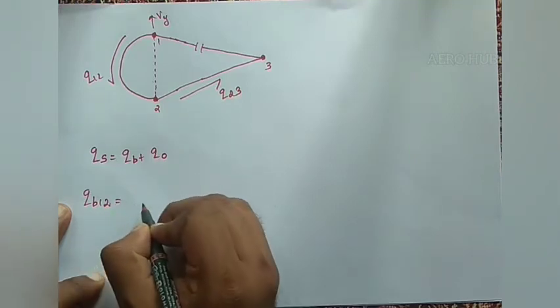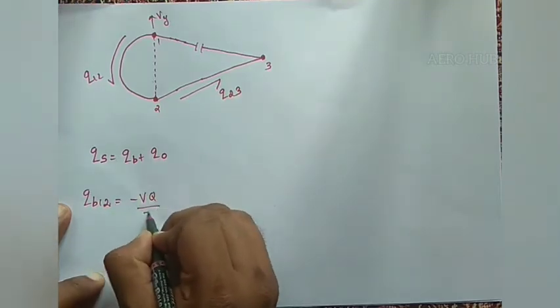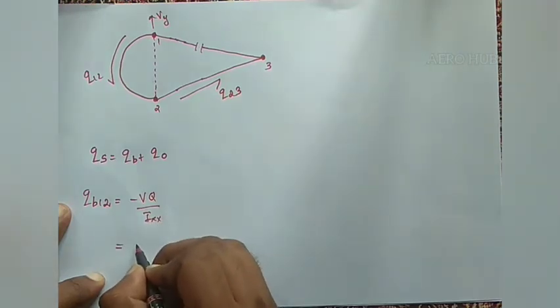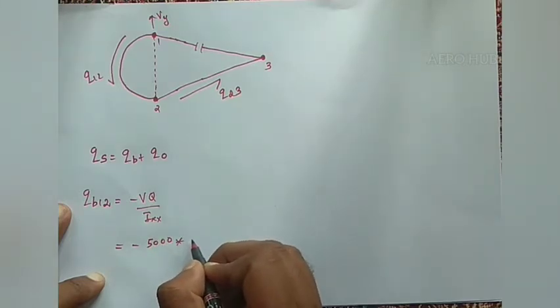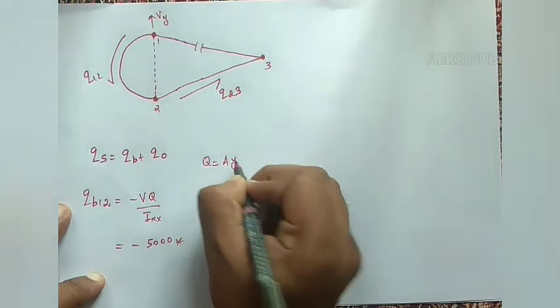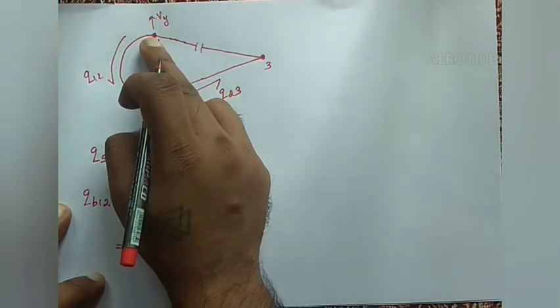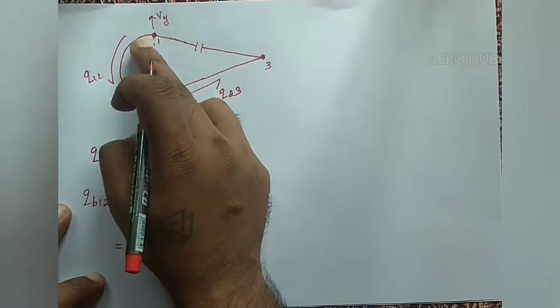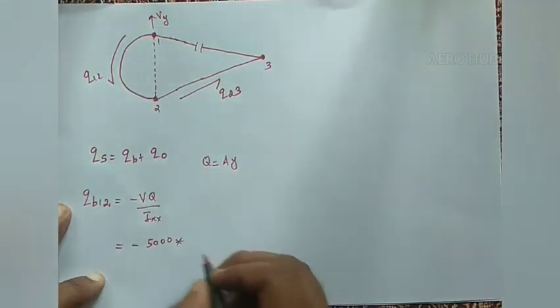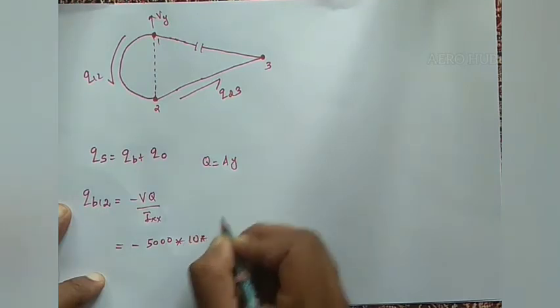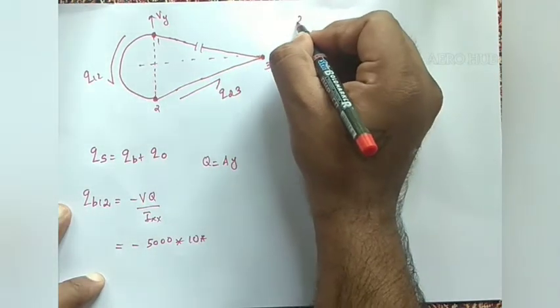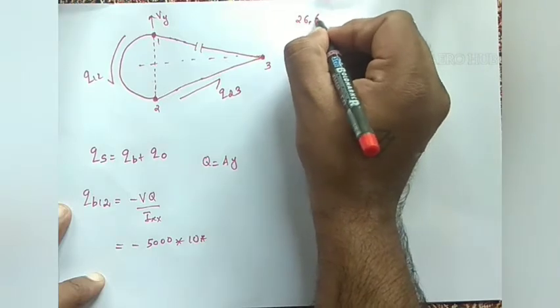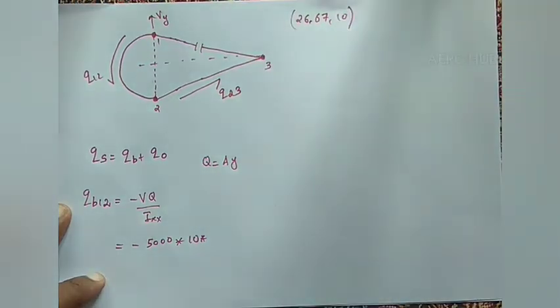So qb12 will be equal to minus VQ by Ixx. V is 5000, so it will be minus 5000, and Q is area into Y. For the boom area 1, starting from 1-2, the area is 10 centimeter square, and the value of Y from the central axis, with the centroidal point at 26.67 comma 10, for point 1 and point 2 is 10.